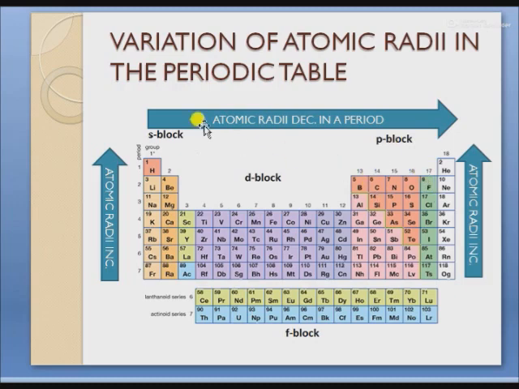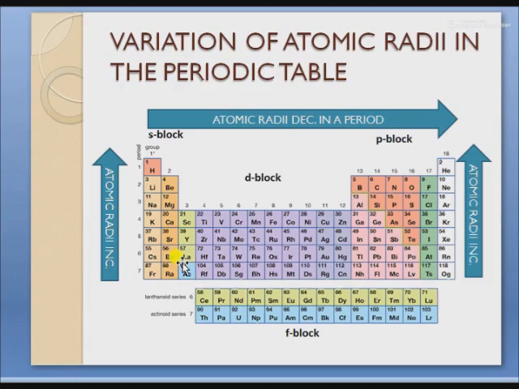When we move from top to bottom in a group, atomic radii increases as the atomic number increases. This is due to the addition of new energy shell, and the electrons lie farther away from the nucleus. As a result, the attraction of nucleus for electron decreases, and hence atomic radius increases.